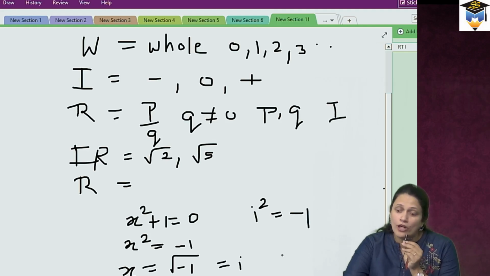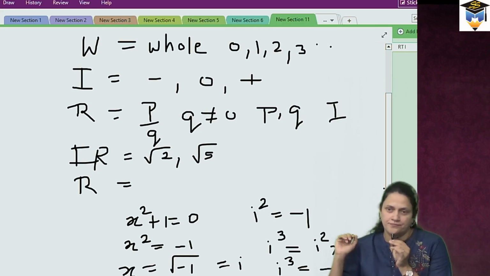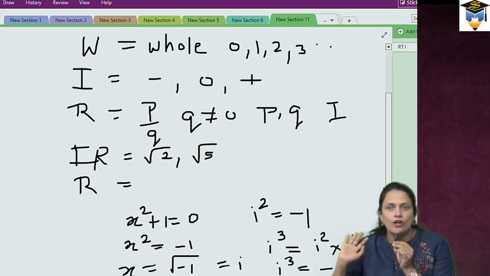Now if I want to find out i cube, how can I write i cube? i into i into i. Now what is i square? What is the value of i square? So I am going to write i cube as minus i. Understood up till here? All of you?